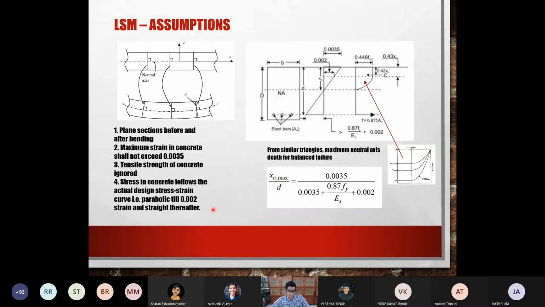Do you remember the stress diagram for the working stress method? What shape will it be? Just linear, sir. Linear, meaning what shape? Triangle. Triangles, because why was it only triangles there?